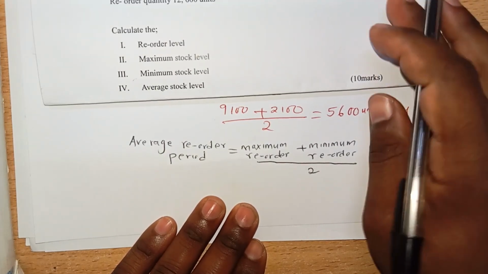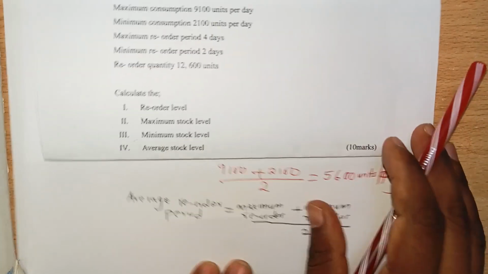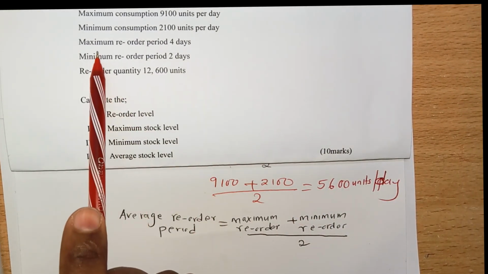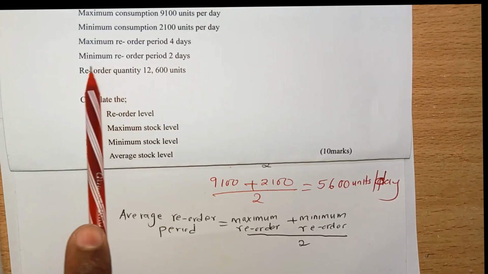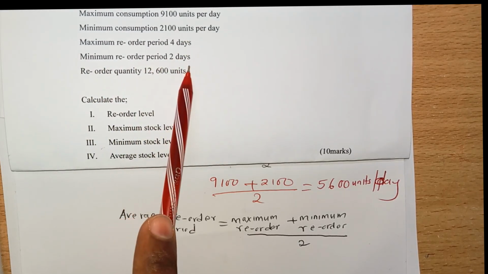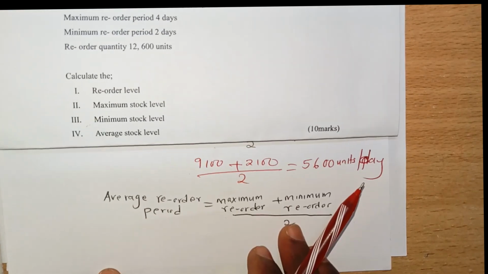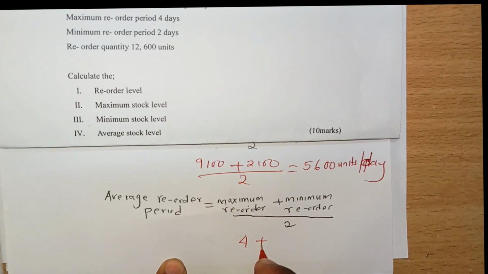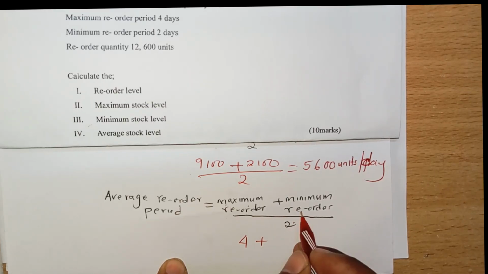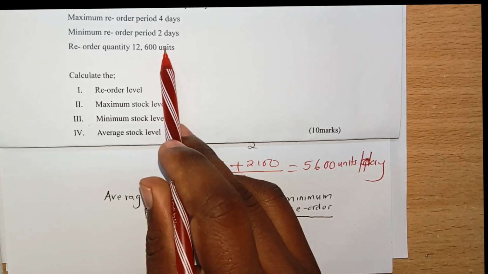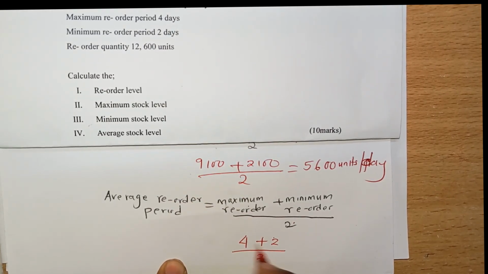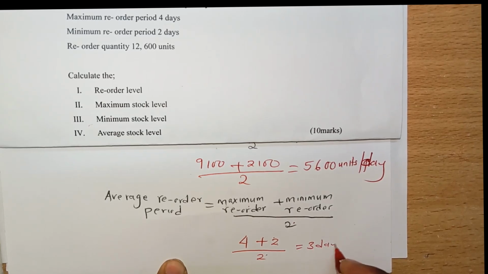The maximum reorder period is 4 days, whereas the minimum reorder period is 2 days. So we take 4 days, add the minimum reorder period of 2 days, then divide by 2. So 4 plus 2 gives you 6, divide by 2, this goes to be 3 days.